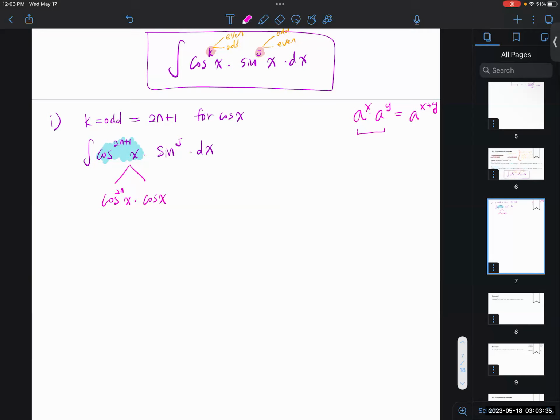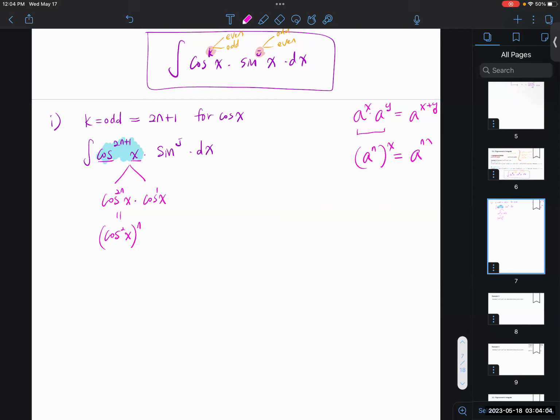So same thing, with cosine x, 2n plus 1, I can break it into 2n and an invisible 1. So 2n plus an invisible 1 is 2n plus 1. So I can rewrite it: cosine, you can have a second power inside and you can separate n, because a to the n times x is the same as a to the nx.